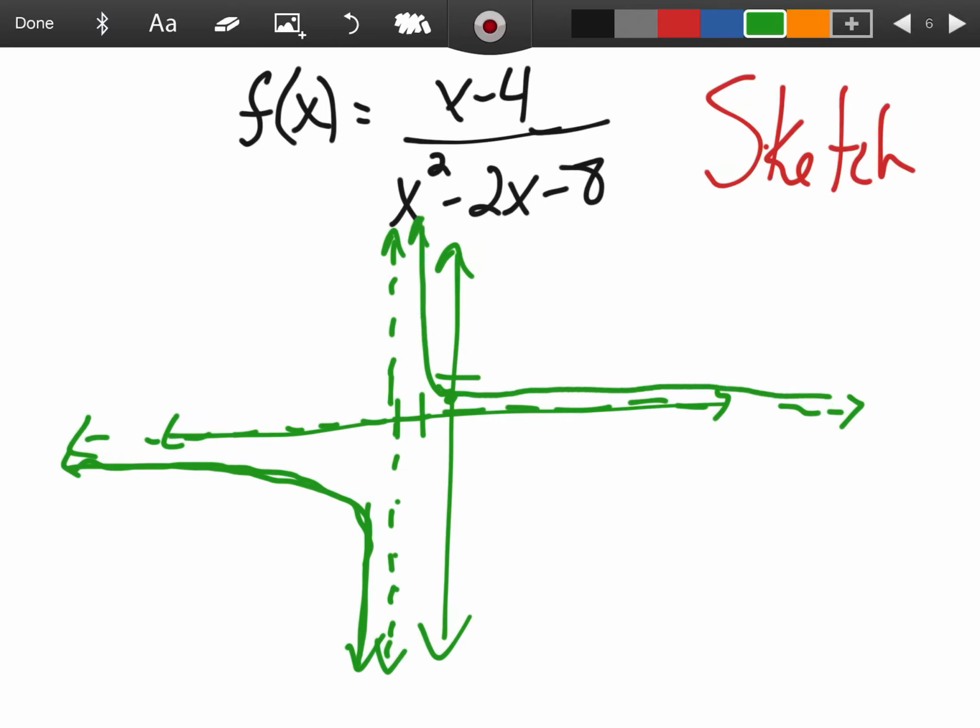And then as I go to positive infinity, my function will slowly approach 0. So that's a lot of work to come up with this graph. The only other thing that we're missing, let's just graph our hole. 1, 2, 3, 4. Here's my hole right here. We'll say that's the point 4, 1/6. All right, so there is the sketch of my rational function.